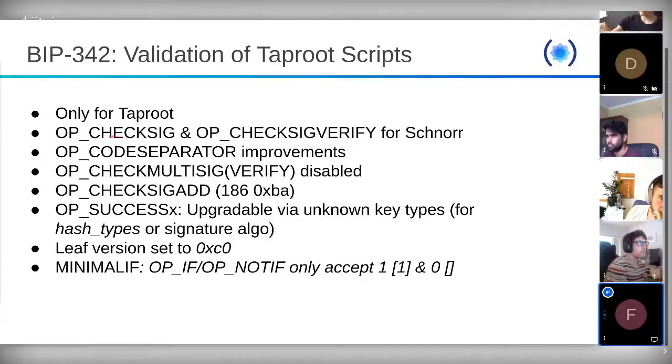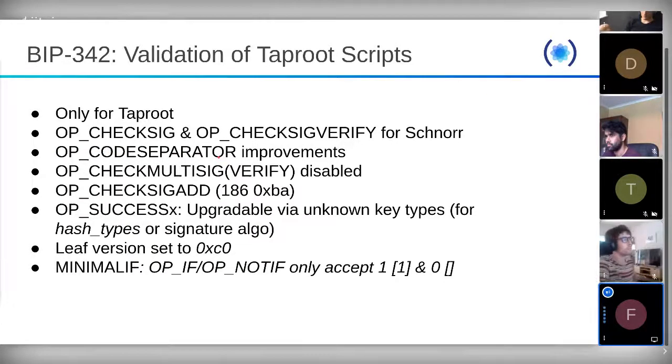There's some improvement around OP_CODESEPARATOR, which I haven't been able to look into too much, which was already existing. OP_CHECKMULTISIG and OP_CHECKMULTISIGVERIFY are disabled, so we can't use that in Taproot. Instead, you use the new opcode OP_CHECKSIGADD, which allows you to do the aggregation.